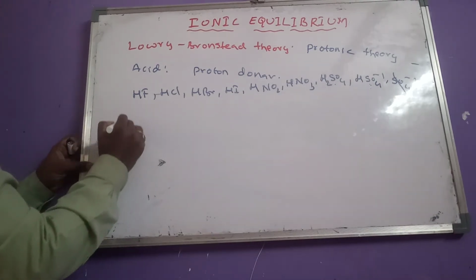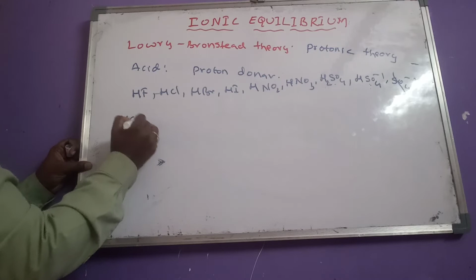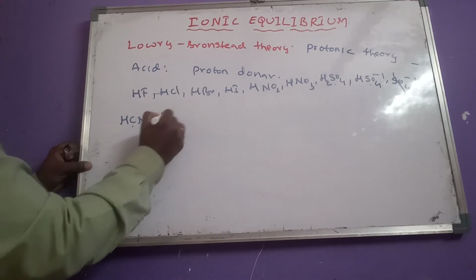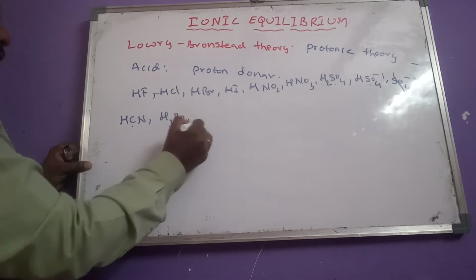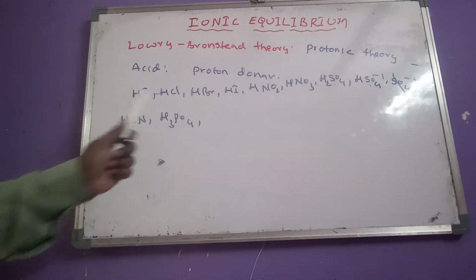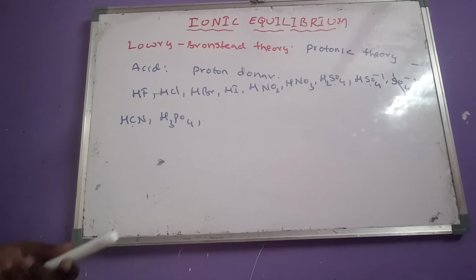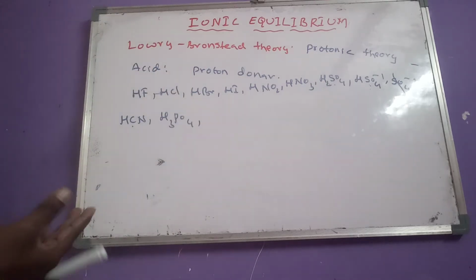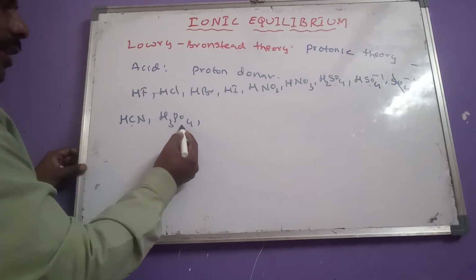Then another one, HCN, it can donate a proton. Then H3PO4, orthophosphoric acid. It is a tribasic acid, meaning it can donate 3 H plus ions, so it can act as an acid.